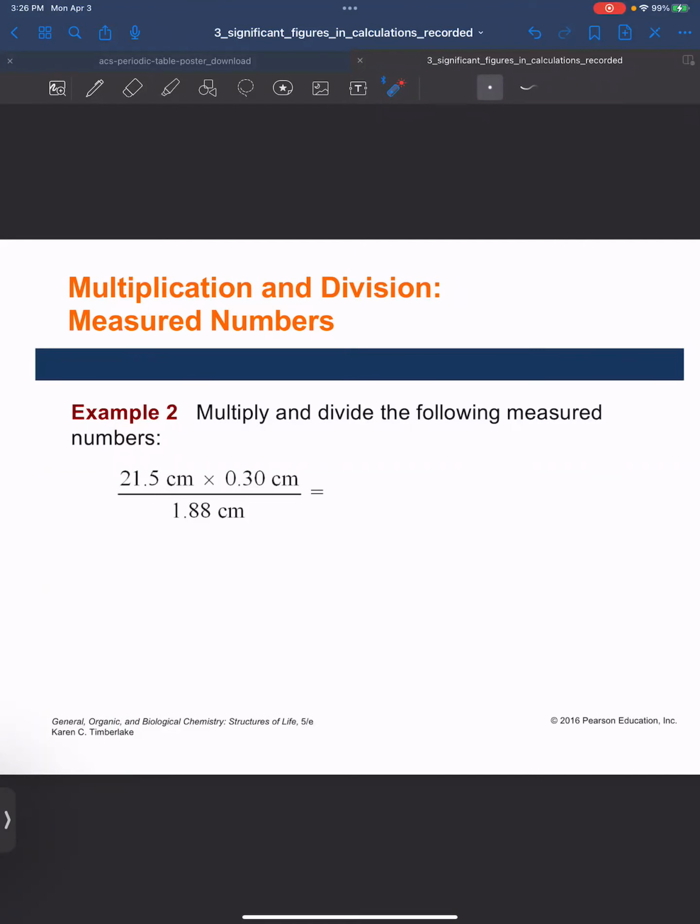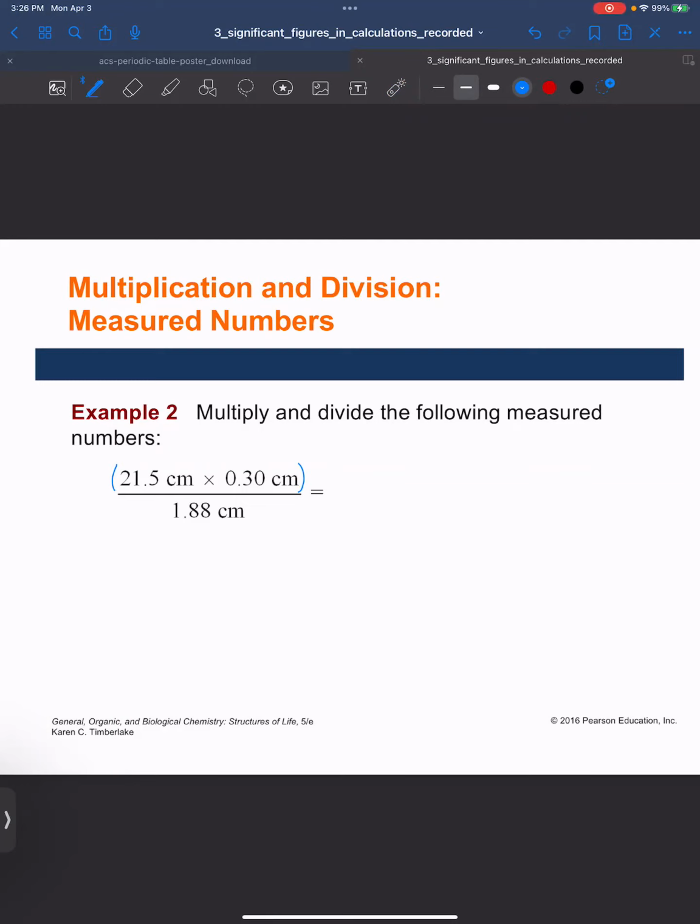So what we're going to do here, and I have my calculator, so I'm going to talk you through this. In my calculator, I oftentimes like to include parentheses, just to make sure that I follow the correct order of operations and that I do not have a calculator error.